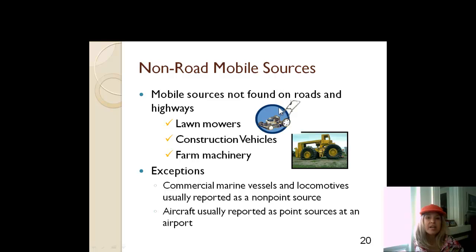Non-road mobile sources, one of the biggest ones is snowmobiles. That's a big example of a non-road mobile source. Farm machinery. An exception that is kind of non-intuitive are commercial marine vessels and locomotives are usually non-point sources. And aircraft, surprisingly enough, are now classified as point sources being located at the airport.